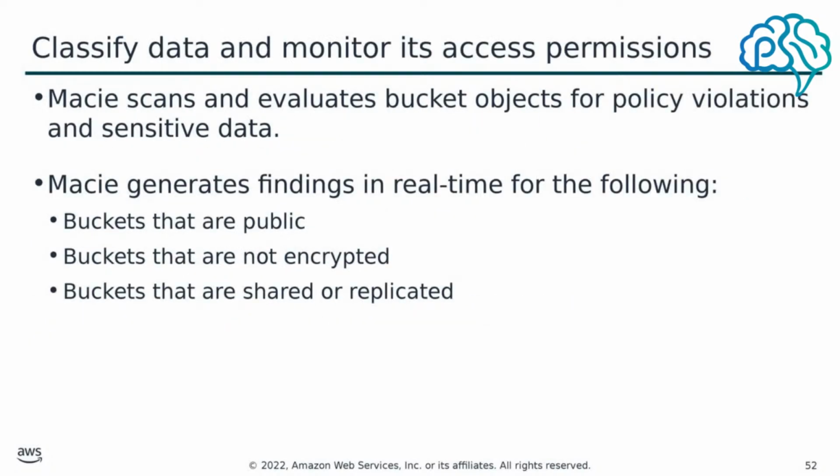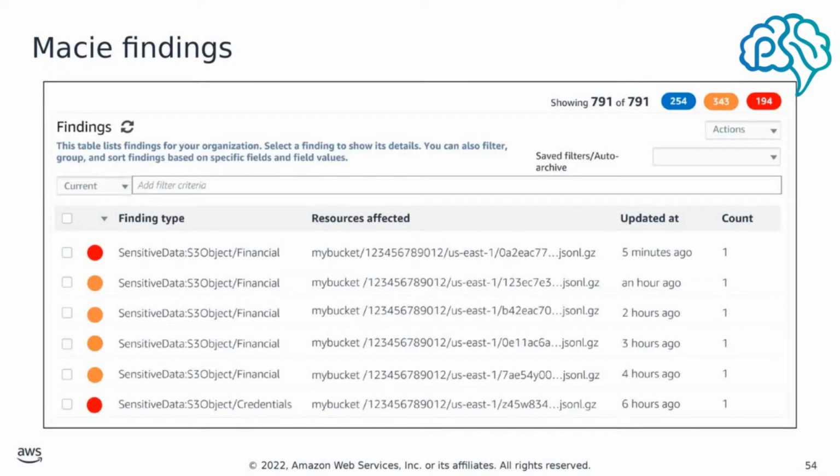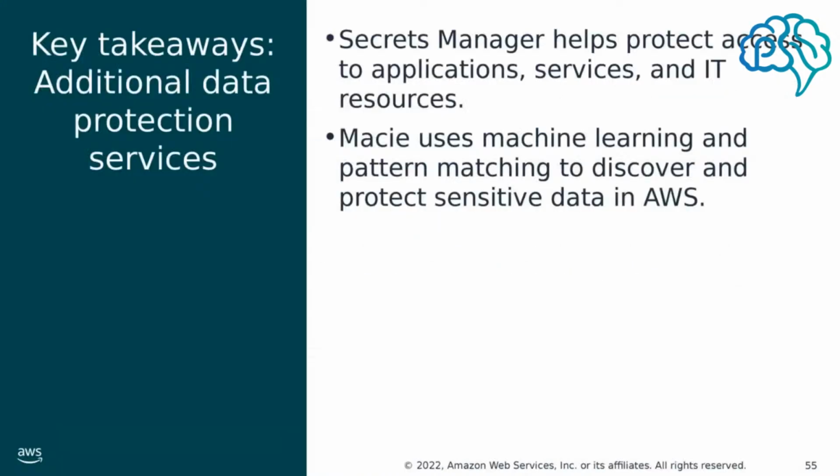You can also classify things like business-critical data at a bucket level, and then Macie will continually monitor all those buckets. So pretty slick service. So in summary, what does Macie actually do? Well, it gives you a console here that shows you a high-level security overview of what's happening. And then you could look at the findings as well, and it would show you different things that are happening.